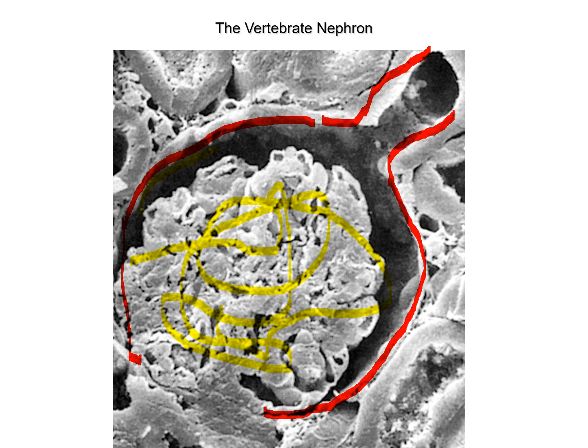Okay, so filtrate is formed in this area. Sorry, in this area here, the filtrate is formed, and then it moves down the proximal convoluted tubule.